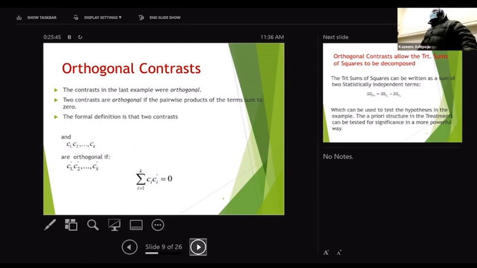If you are constructing contrasts, in the example that I just showed you, we constructed two contrasts. How do I know the optimal number of contrasts I'm going to construct given a problem?